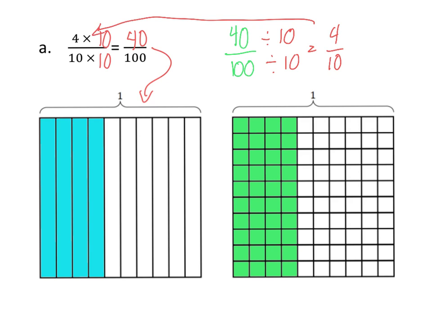Again, using division and multiplication to help find equivalent fractions and decimals. So if we say 4 tenths, what does that look like as a decimal? It is no holes, and 4 is in the tenths place. 40 hundredths, no holes, and 0 is in the hundredths place.